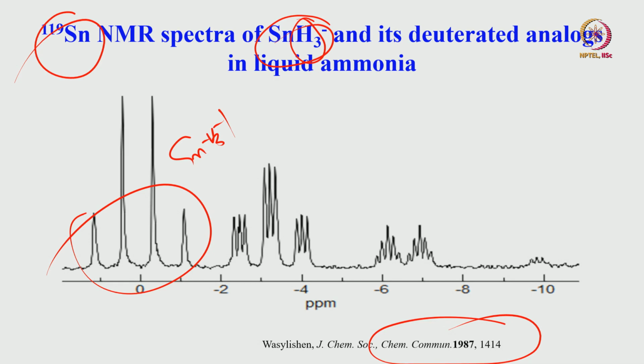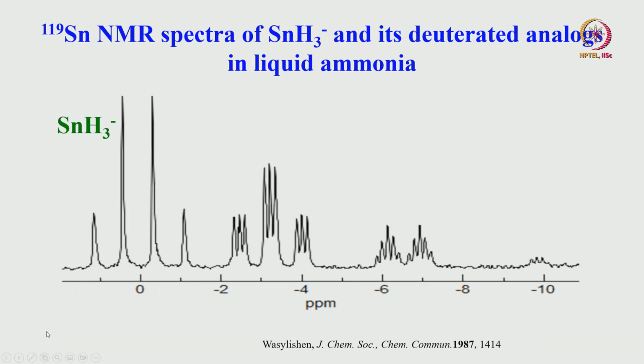Okay, what are the other combinations we can think of? SnD2H is also possible. We will see what the possible combinations, the isotopomers, are, and where we can assign each of these. I would say this one is SnH2D. Why did I say that?